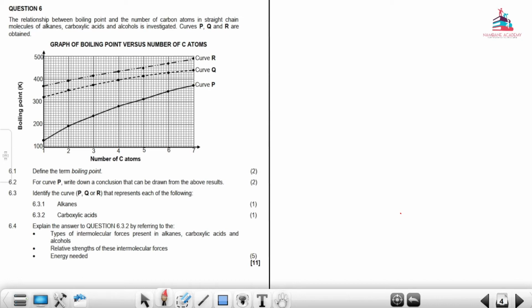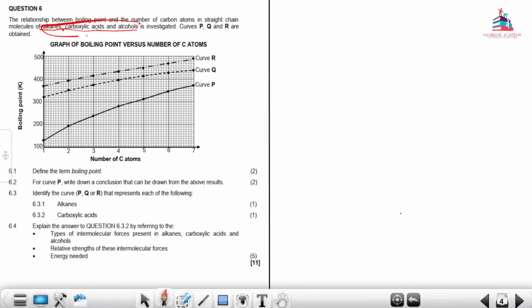It was question 6, also a previous question paper. So let's try to analyze fully what is given here. It says the relationship between the boiling point and the number of carbon atoms in a straight chain molecules of alkanes, carboxylic acid, and alcohols is investigated.